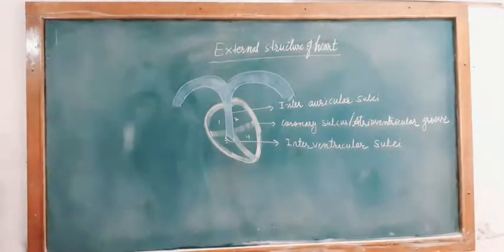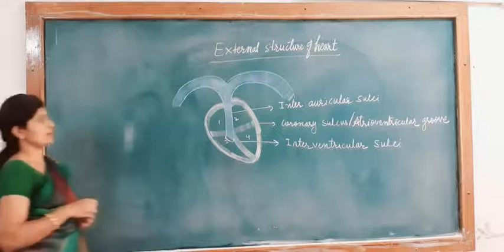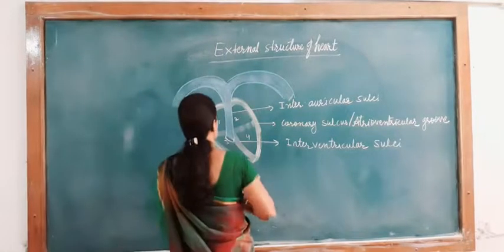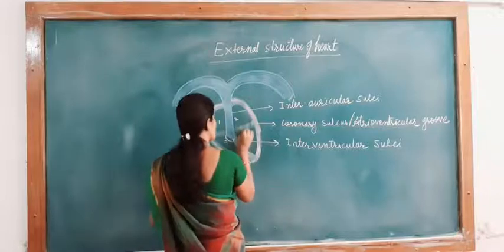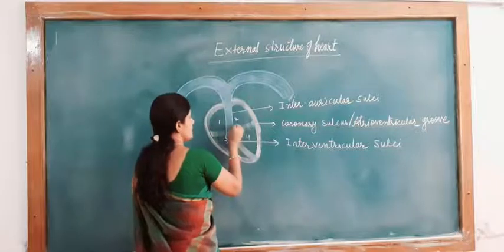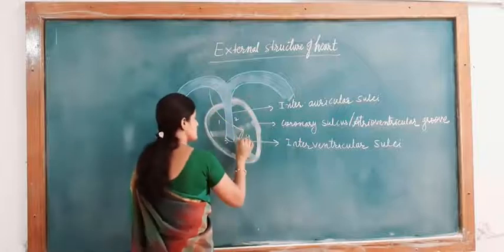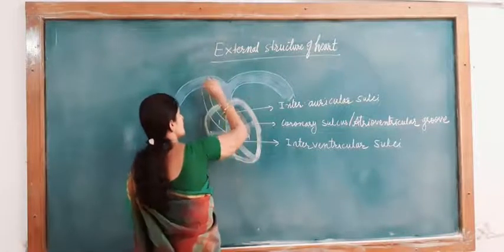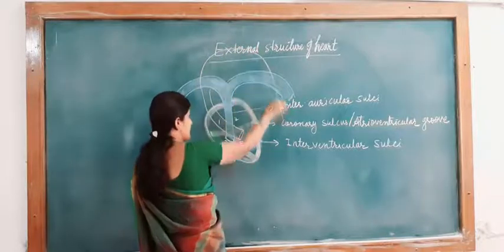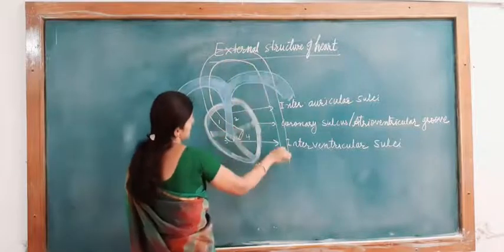Then the systemic aorta from the left ventricle is present on the anterior surface of the heart. The big aorta which arises from this fourth chamber, while the pulmonary one arises from the third chamber, goes up and then comes down.